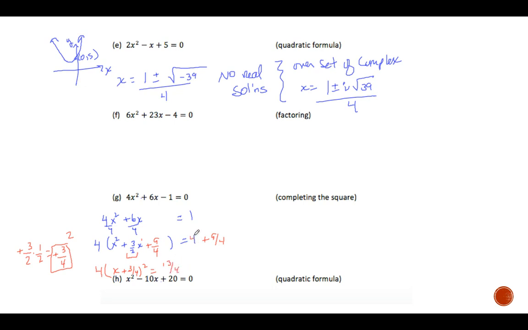Right, 1 is really 4/4, right? So I just added that fraction. Now look what happens. Dividing both sides by 4. Oh, and remember, right, this plus 3/4 matches this plus 3/4. That's how I know I've done it correctly. Dividing by 4 is the same thing as multiplying by 1/4. Take the plus or minus square root of both sides.